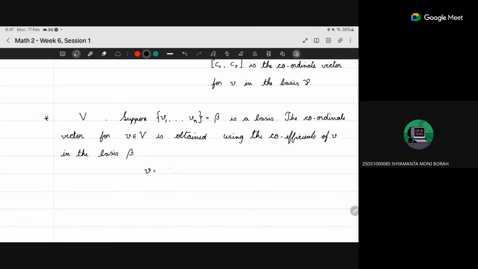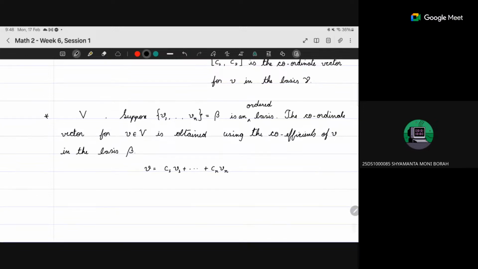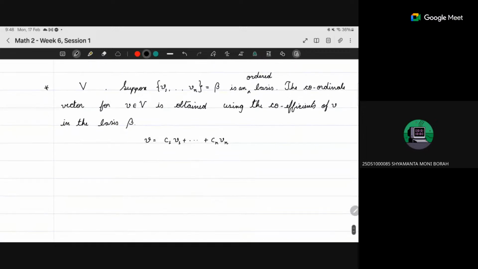So if I have a vector v, I can write it as c1 v1 through cn vn, right? Suppose the dimension of the vector space is n, and I have a basis with n elements in this order. It's an ordered basis. So what are the coordinates of v?